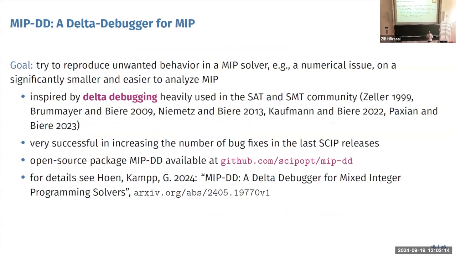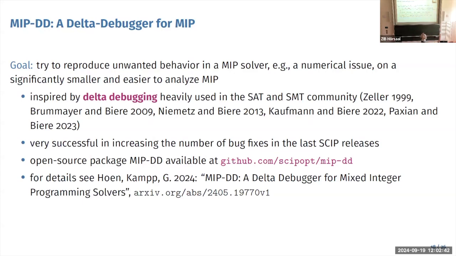Debugging can sometimes be a pain, especially when the bugs are produced by very large models, and these models take long to run until the error actually occurs. One technique that has long been heavily used in the SAT and SMT community and pseudo-Boolean solving, so more on the computer science side of things, is delta debugging.